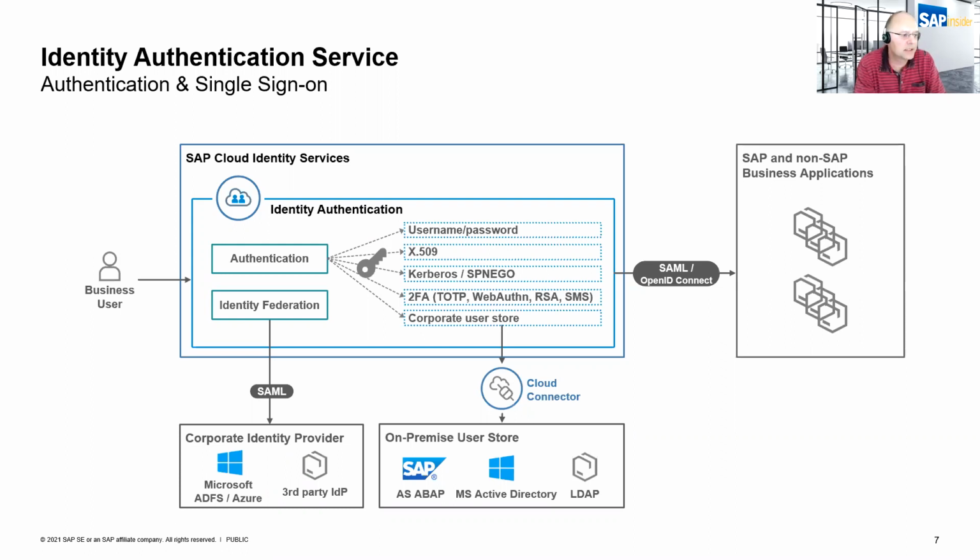Looking at the examples with SAC, Ariba, SuccessFactors, you can establish IES for those applications, and there's no license for the identity authentication service required. A license would only be required in case you use the identity authentication for a third-party solution or an on-premise solution. So that is still subject to be licensed.